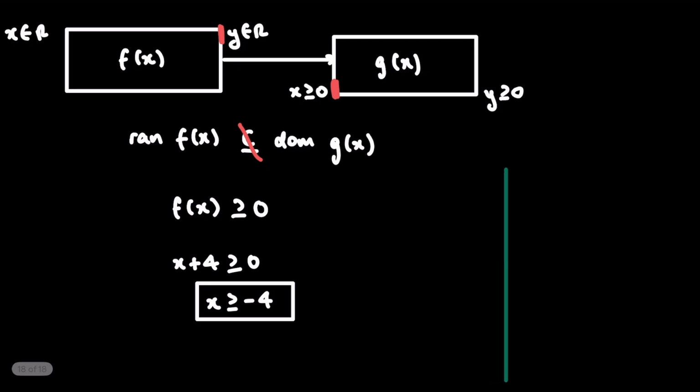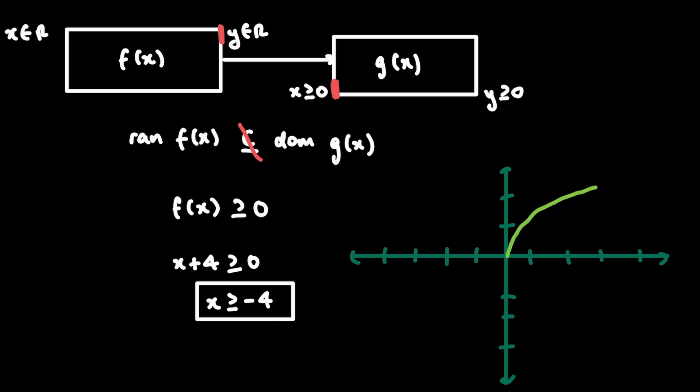So we're simply going to draw a small graph for what g of x looks like. It's a very rough graph, but the graph of the square root of x looks something like this.